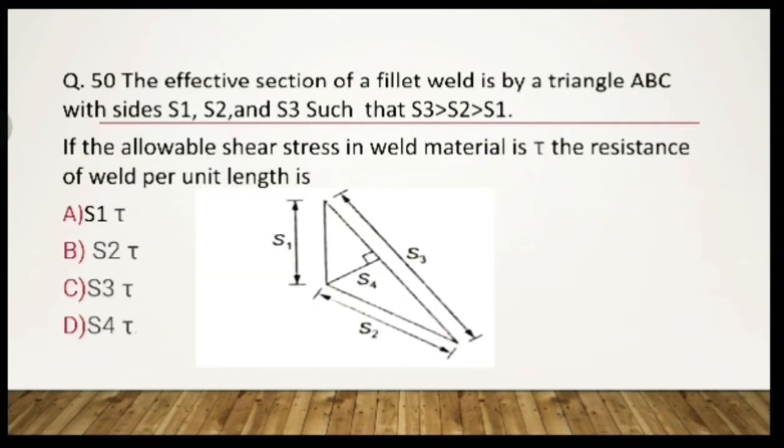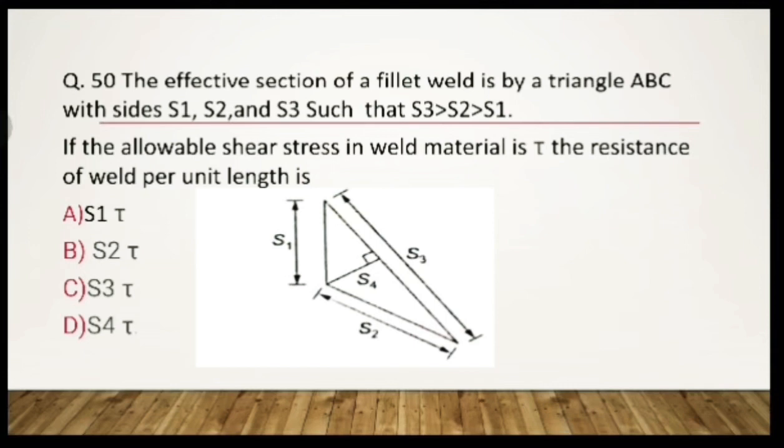Next question, the effective section of a fillet weld is given by a triangle ABC with sides S1, S2, S3 such that S3 is greater than S2 and S1.